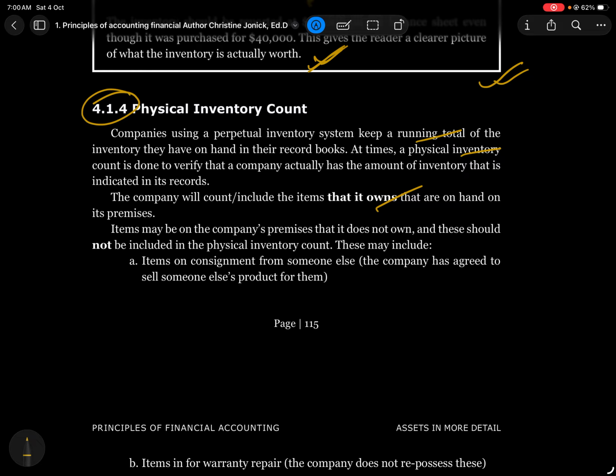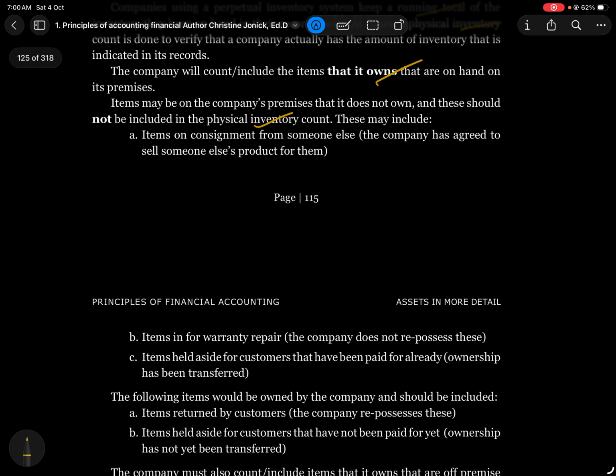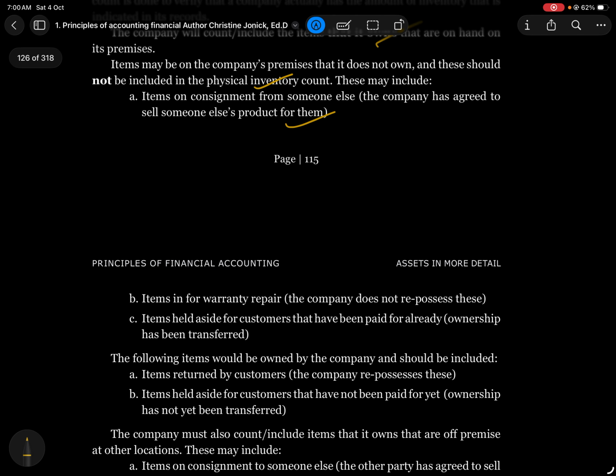What's not included in the physical inventory count is if something has been sold, or agreed to be sold to someone. Anything which is in transit is also not counted, of course.